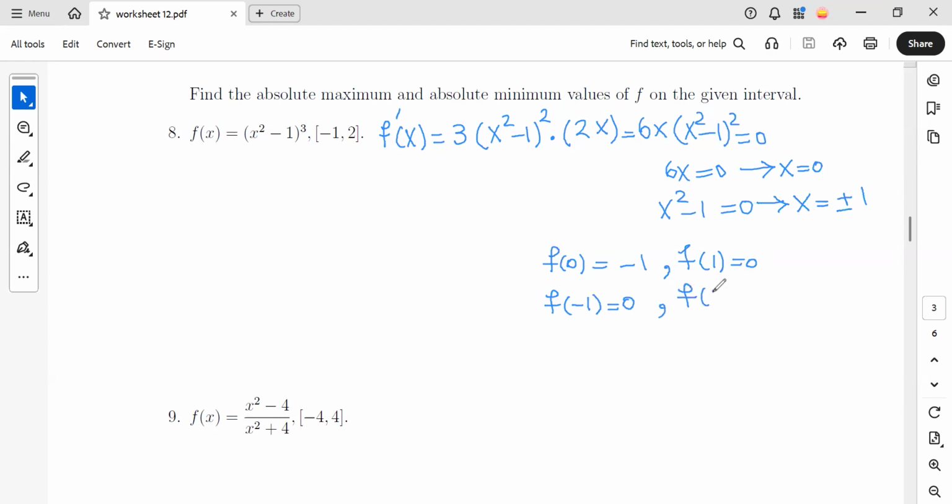And f of 2 will be 27. So by comparing all these, we would say 2 and 27 is the maximum point, or the maximum value is 27. Okay, this one is max.